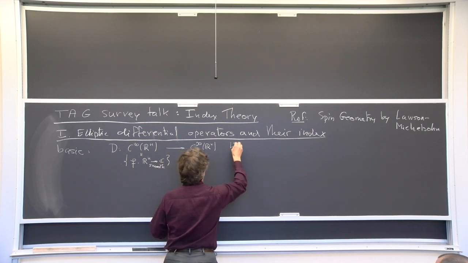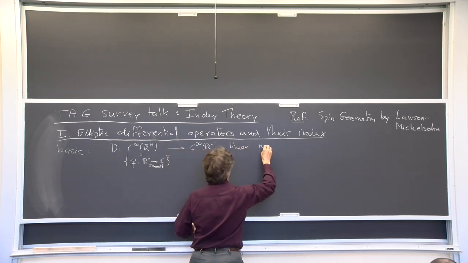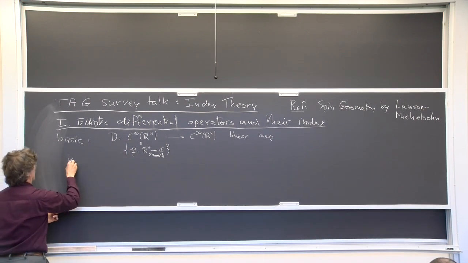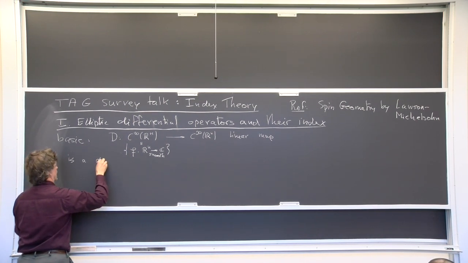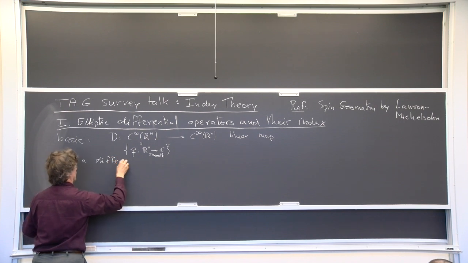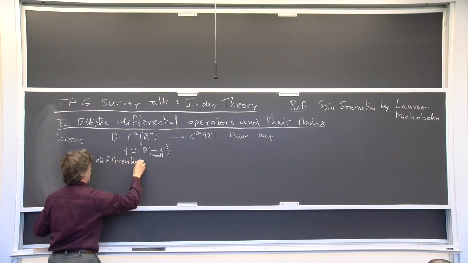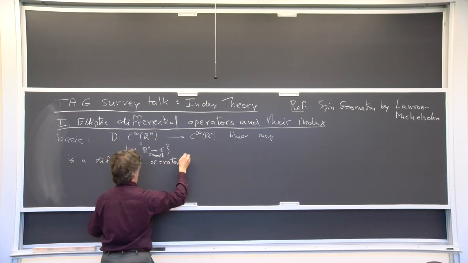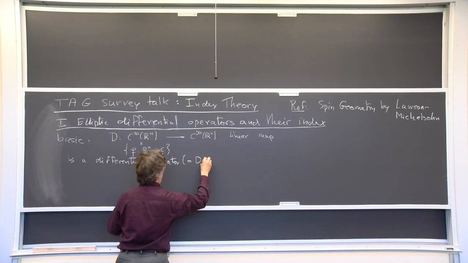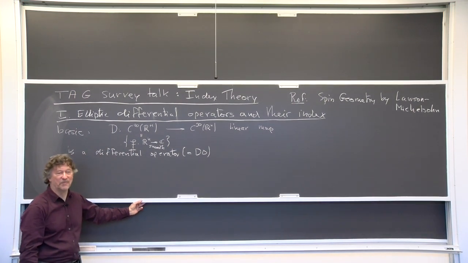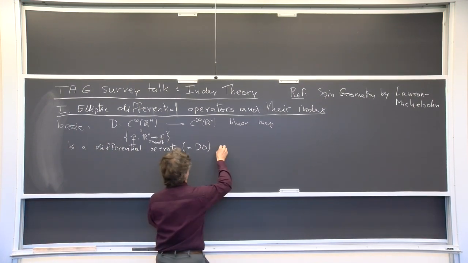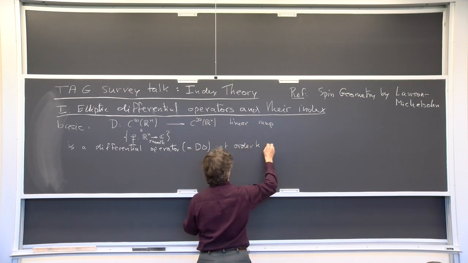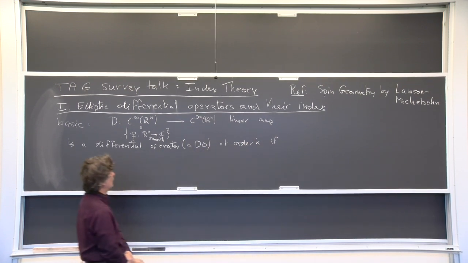Such a linear map is called a differential operator, and since I'll say the words a lot, I'll just write DO from now on. A differential operator of order k, well, if it has the following form.